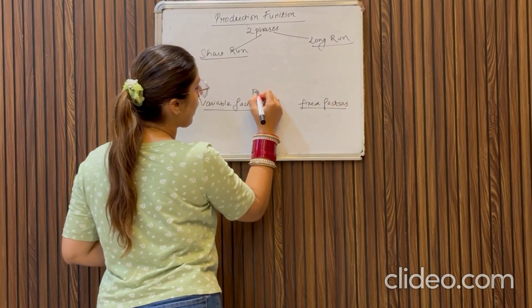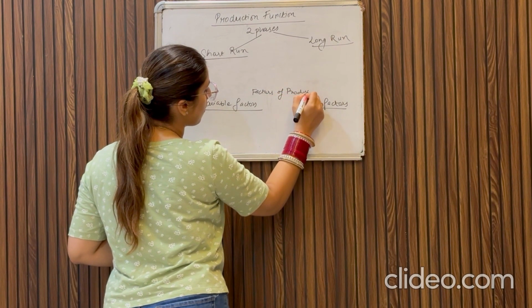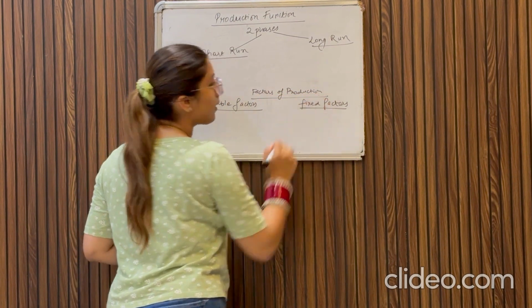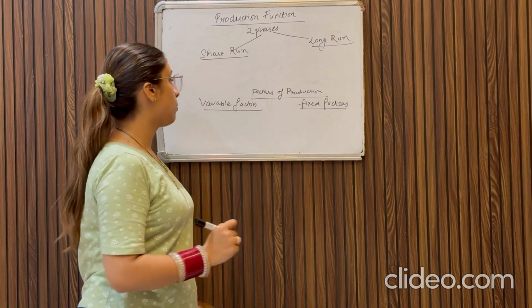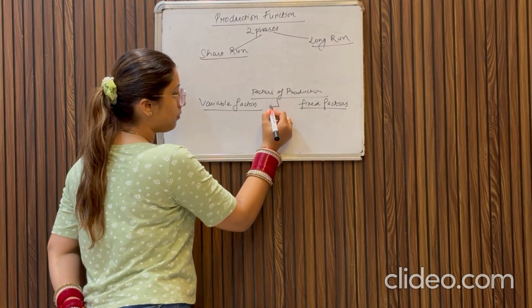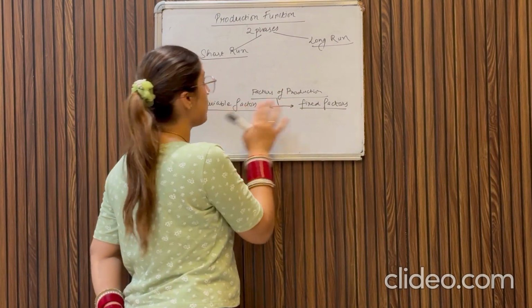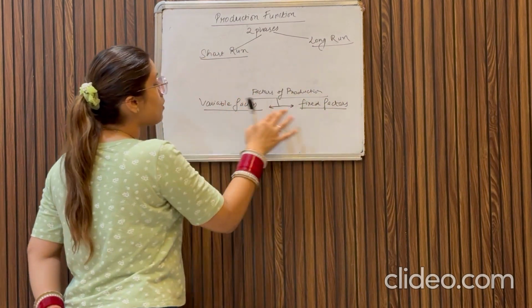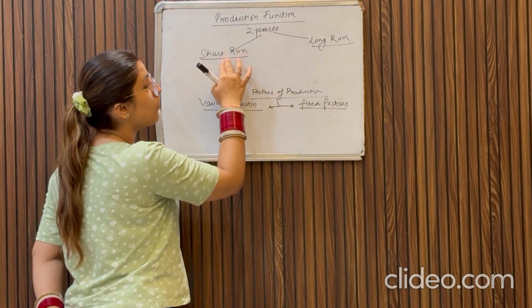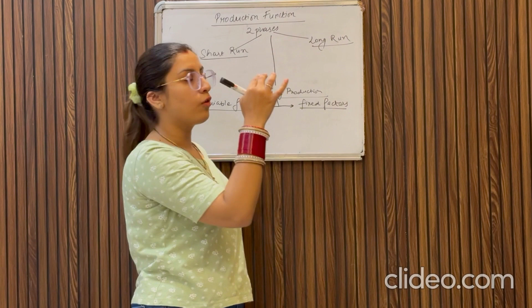These are basically your factors of production. Factors of production are the inputs which will be used to produce the output. So they have been divided into these two categories. Some factors are variable and some factors are fixed. So based on this classification, there are two phases. One is short run and one is long run.